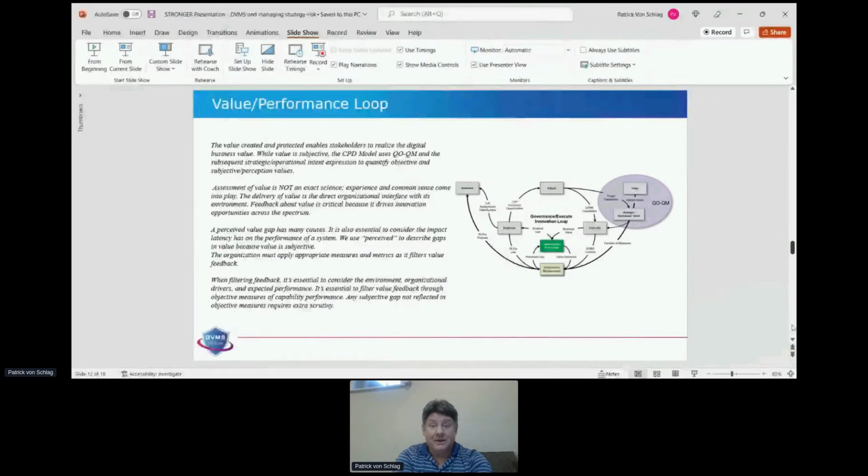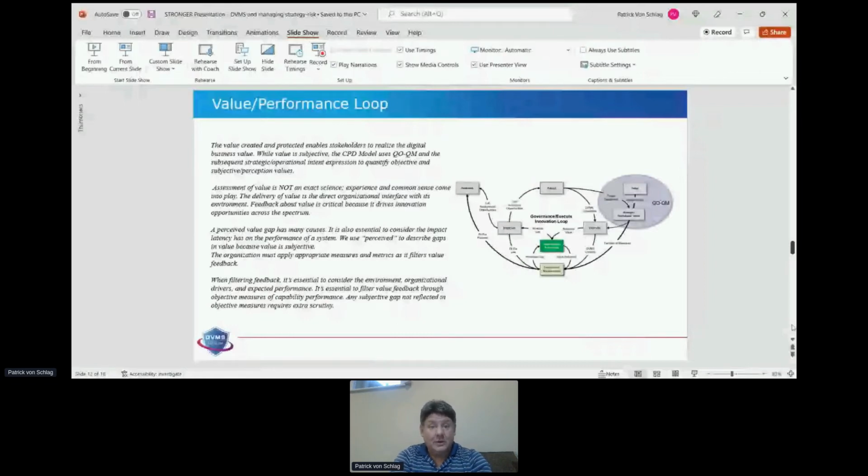Security can't be treated as a bolt-on or an afterthought, because the idea of establishing digital business value is fundamentally aligned with managing digital business risk, right? And therefore value creation and value protection have to go hand in glove, right?